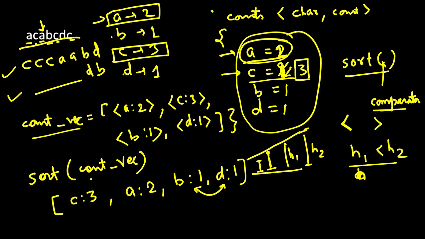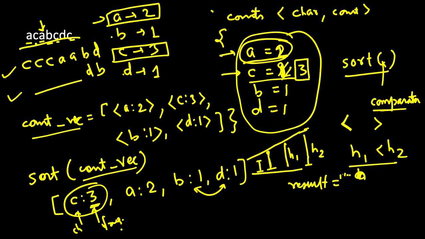Once we have this sorted count vector based on the counts, we can iterate it. Take the first entry here: take the key, this is the character, and take the value, this is the frequency. We can have an empty result.